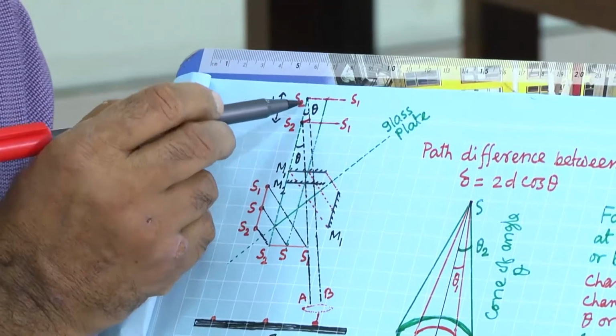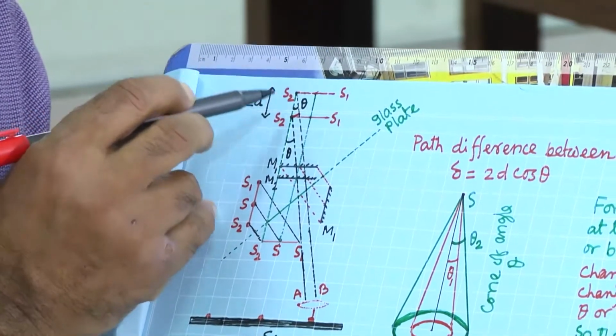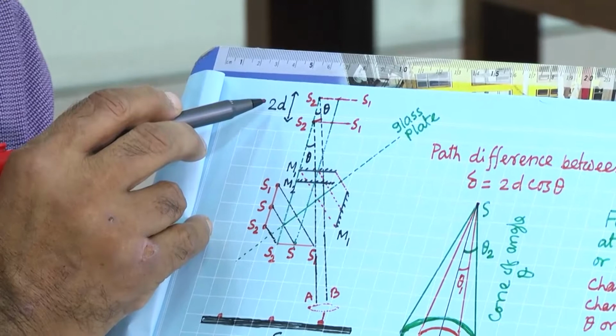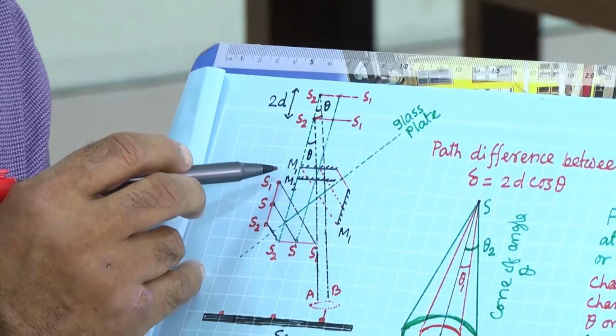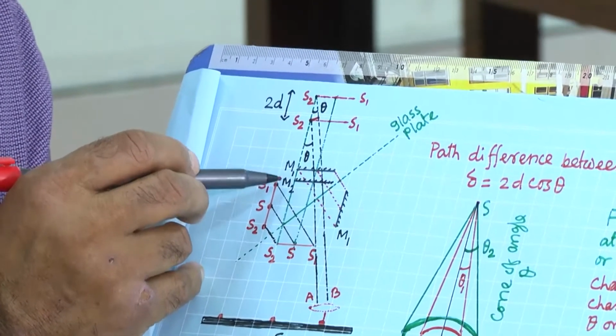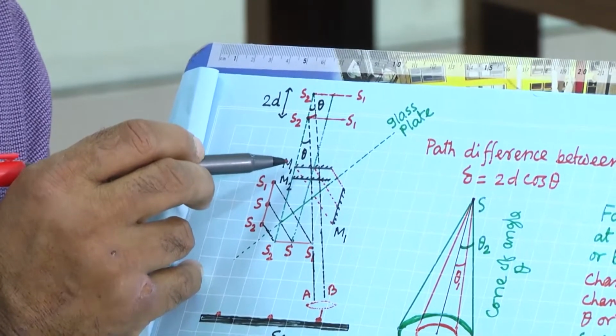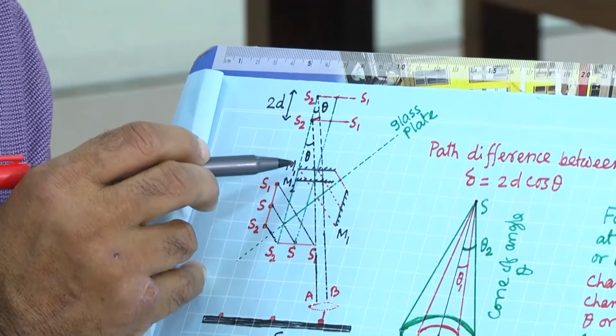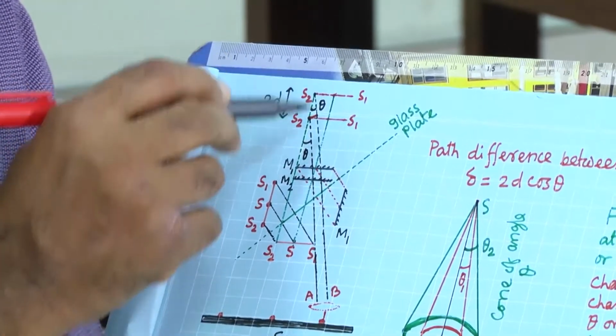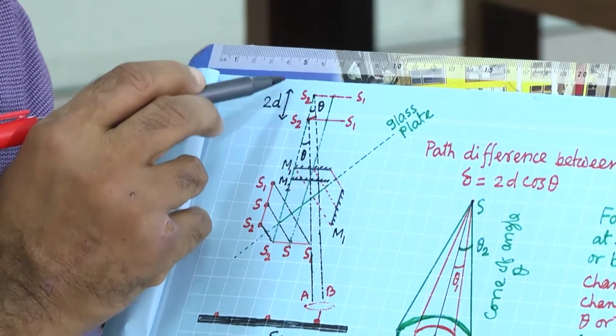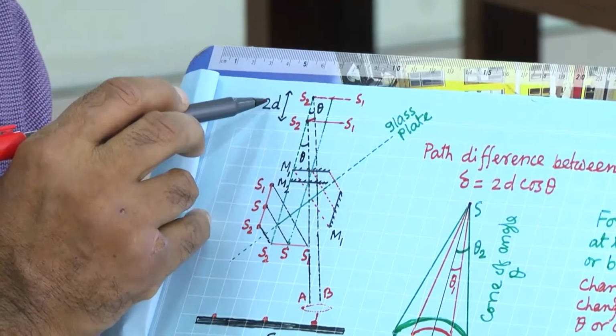That is why the image distance will be double the distance between the mirrors. So, if the mirror distance between M1 and M2 in this diagram is d, the image distance will be 2d.